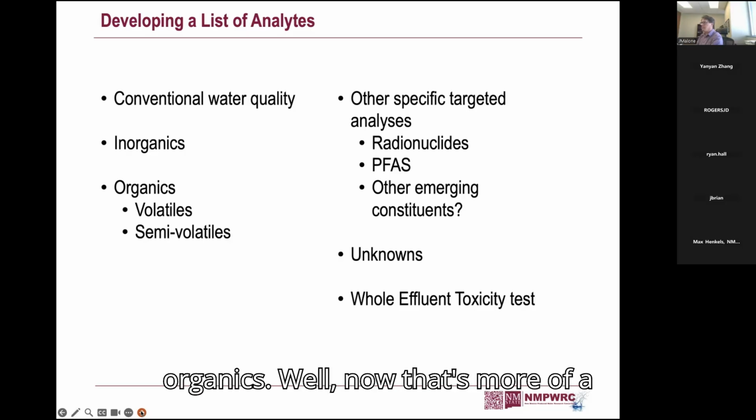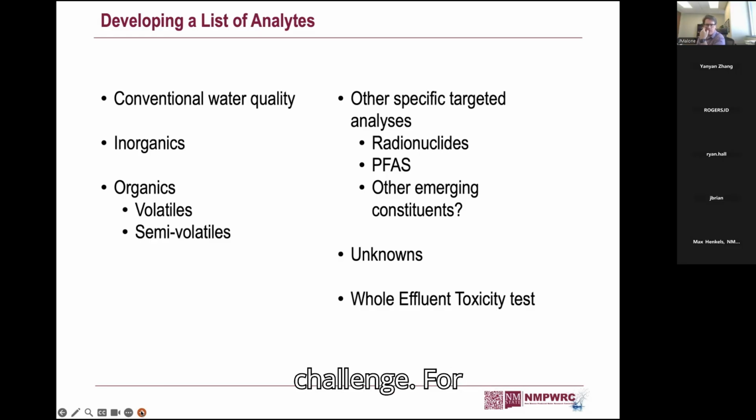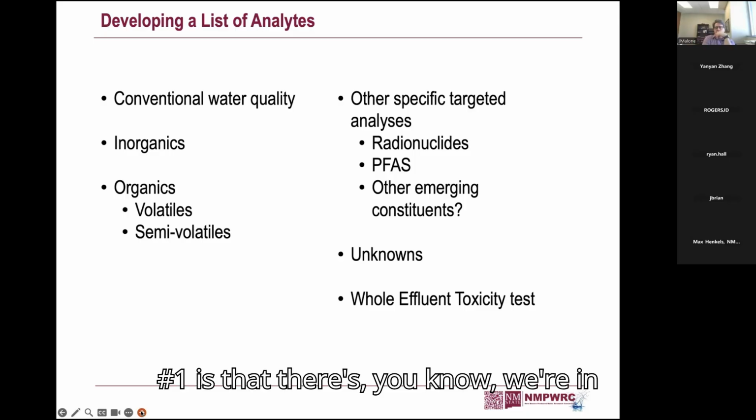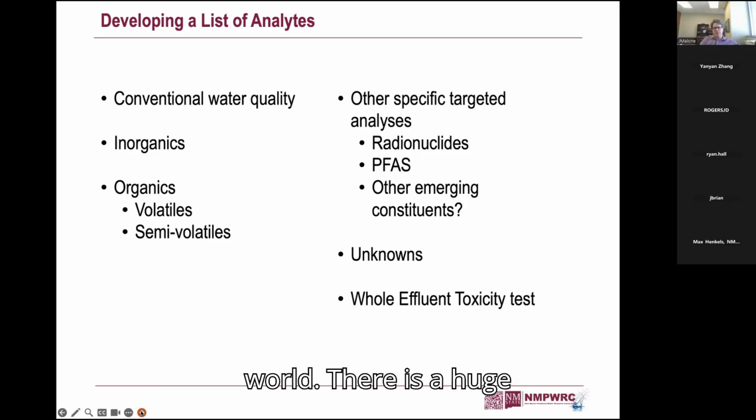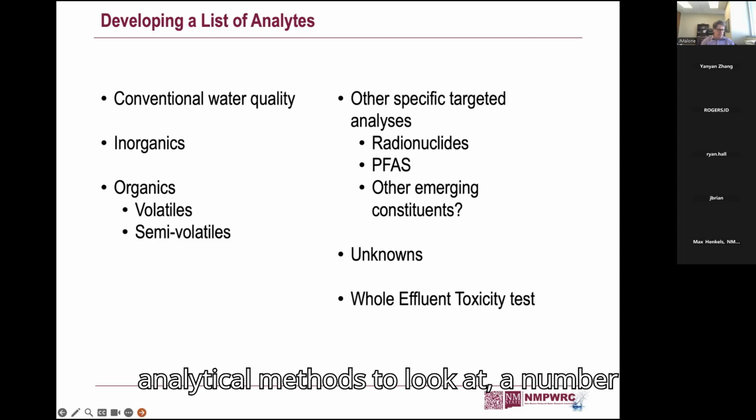But then we go to organics. Now that's more of a challenge. For one, we live in an organic world. There is a huge population of organic constituents in and around us. For some of these organics, we have approved analytical methods to look at them; for a number, we don't.